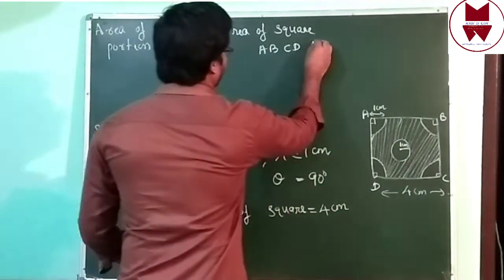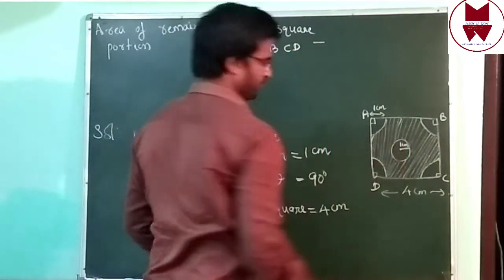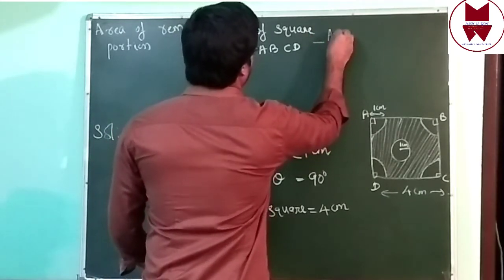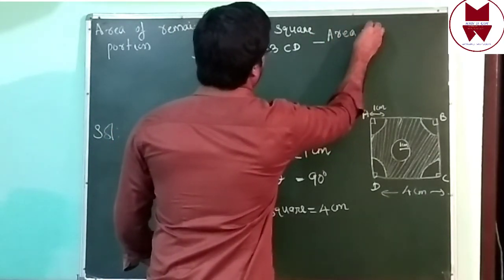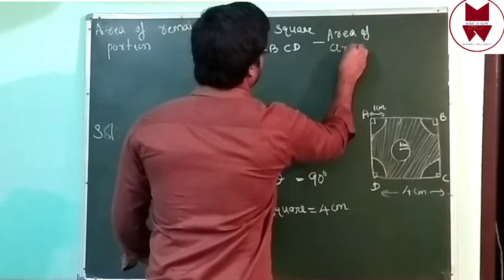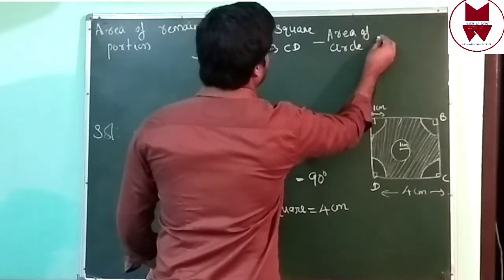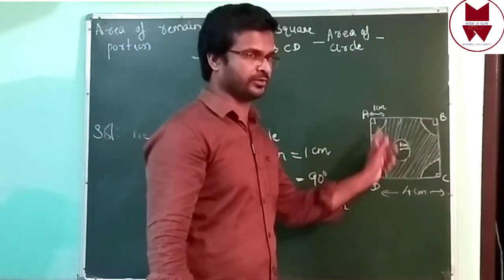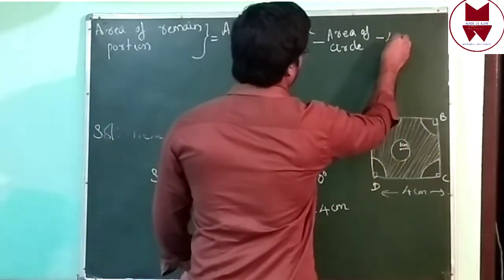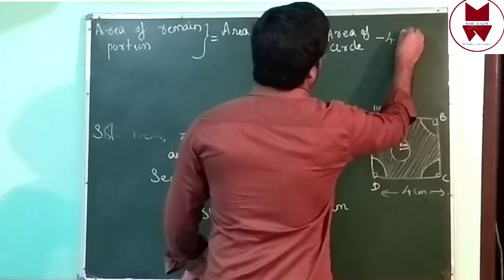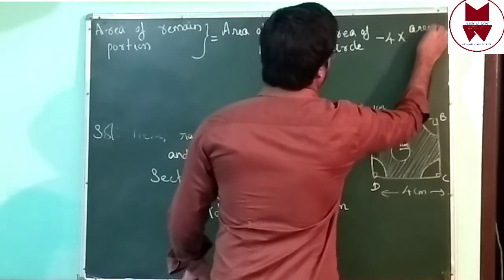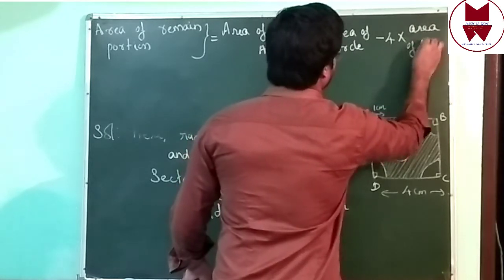Then minus the middle circle, we have to remove it, for that minus area of circle. Minus, again 4 sectors are there in the corners, so we write 4 into area of sector.